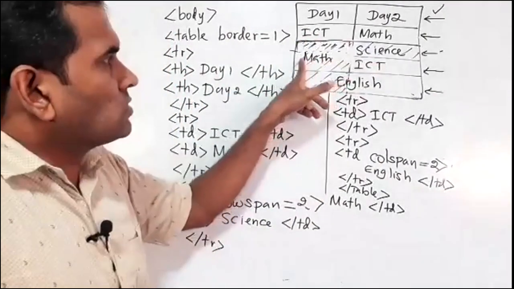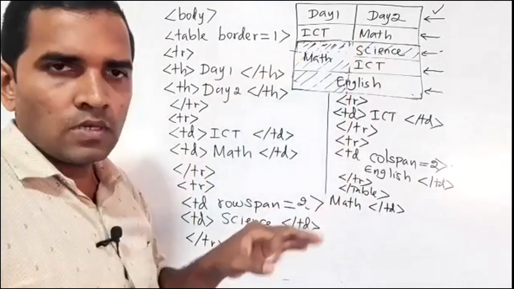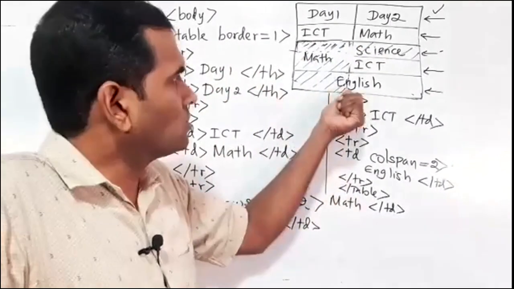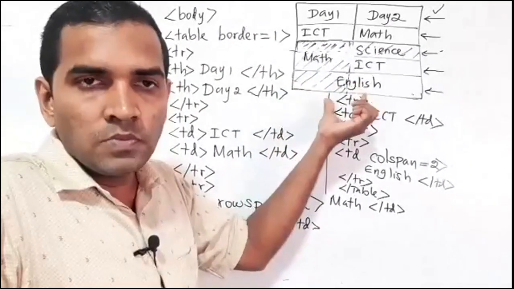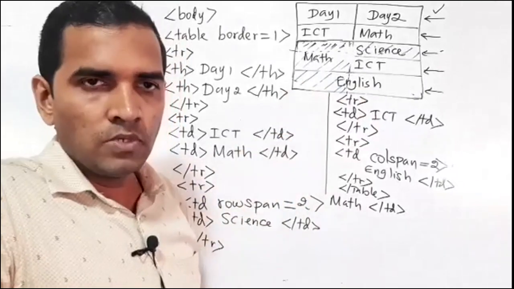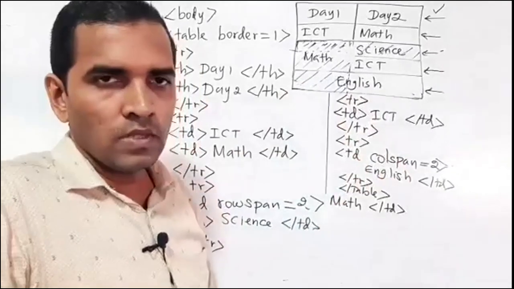Even maths, science, everything is left. By default, TD takes left alignment. But I wanted English to be displayed in the center. So definitely you have to use an attribute to put that English in the center.